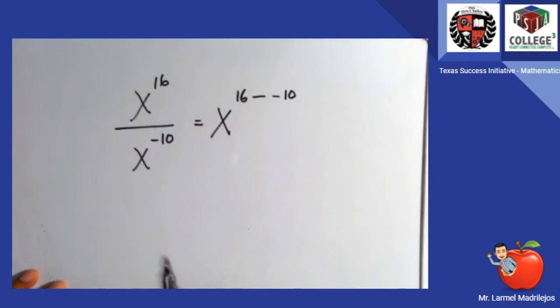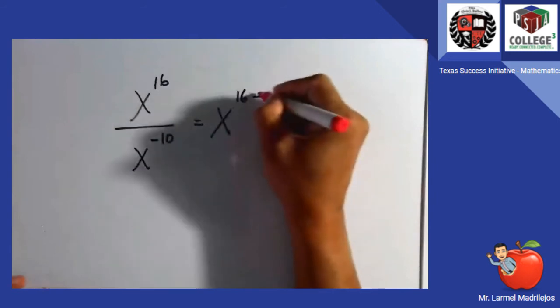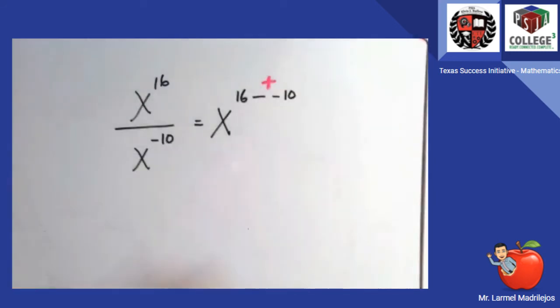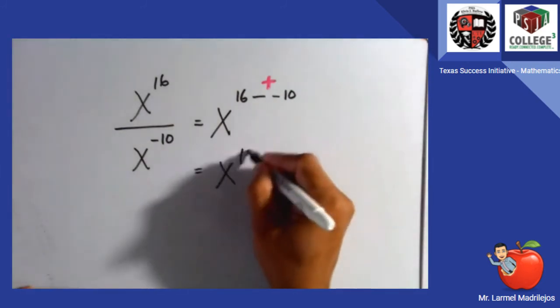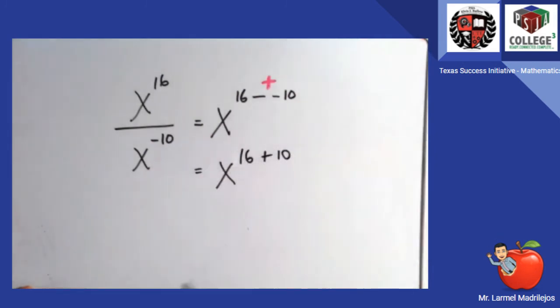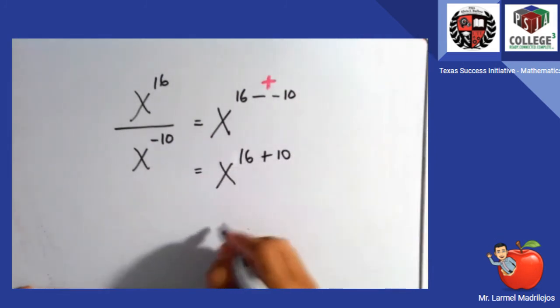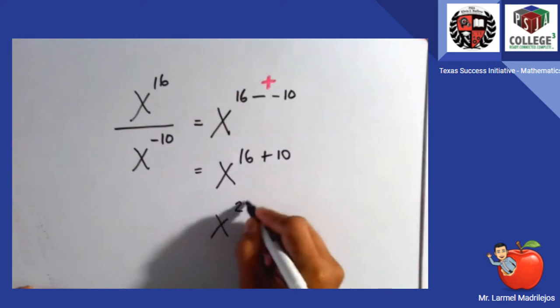So a negative and a negative, this turns to negative times negative, this turns to a positive. So 16 plus 10. So my answer here is x raised to 26.